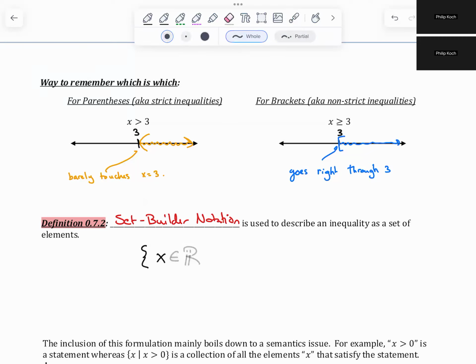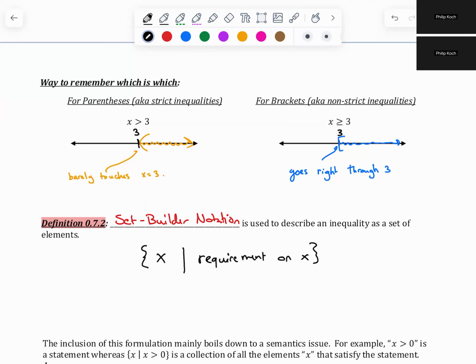But that's usually ignored until you get into upper division mathematics. And then you write a vertical bar, and then there's some requirement on x. That's set builder notation. The x is always there, and then the requirement is whatever you need for it.